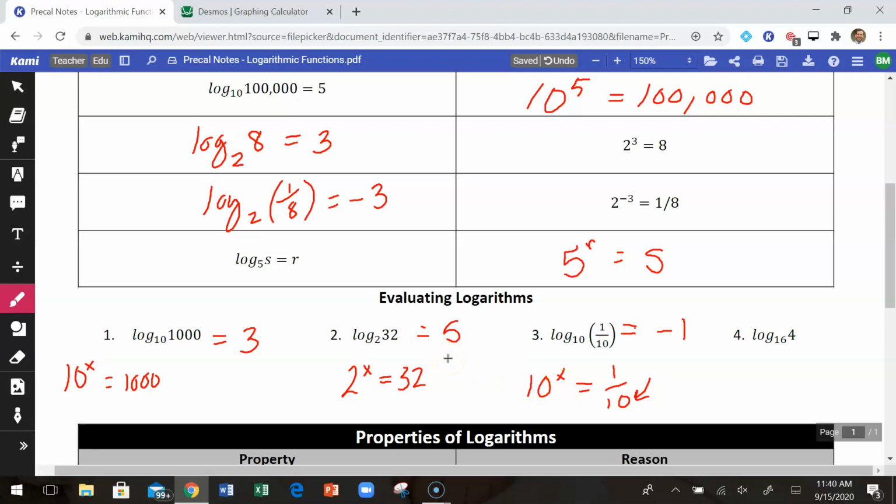And then the next one we have log base 16 of 4, so 16 to what power is equal to 4. Now we're often not great about going from a bigger number down to a smaller number here. So my suggestion is don't worry about that. Go from the smaller number to the bigger number. So 4 to what power equals 16? That would be the second power, right? 4 squared is equal to 16.